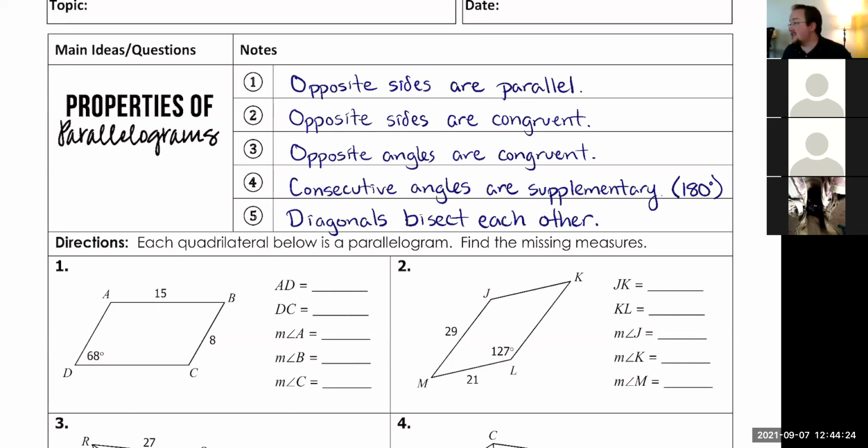Those 5 facts, so long as you're looking at a parallelogram, will always be true, which then allow me to find additional information and find missing measurements and maybe set up equations to find missing values, just like we've done with shapes in the past. So I'll give you another few seconds to jot those down because we're going to use them a lot here on this page and the next before we transition into rectangles.